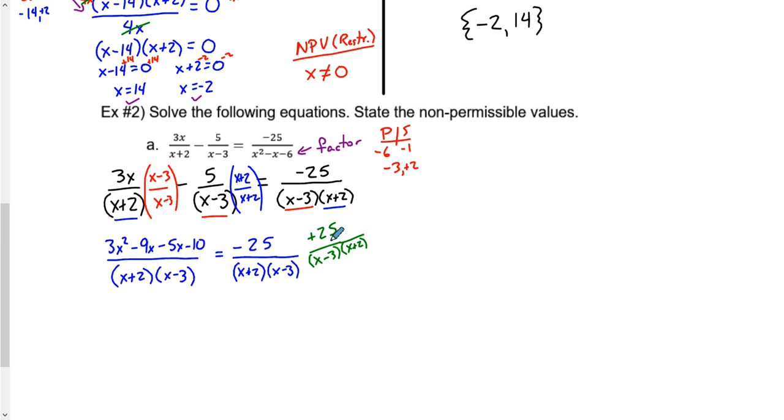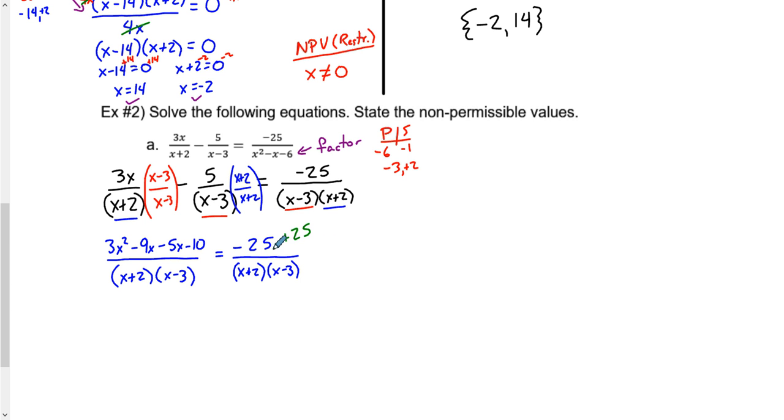But in order to save you a lot of writing, since I know that my denominators are already the same, all I have to do is work with the numerator. In order to get rid of a subtract 25, I just have to add a 25. But that only works when our denominators are the same. We need a common denominator in order to add and subtract. This is something that you definitely need to write.